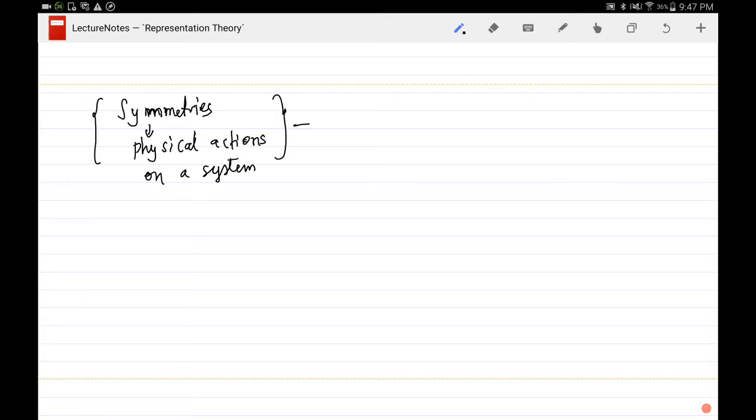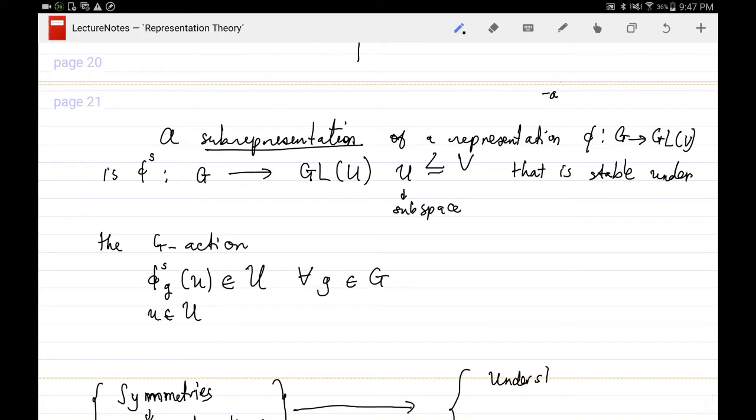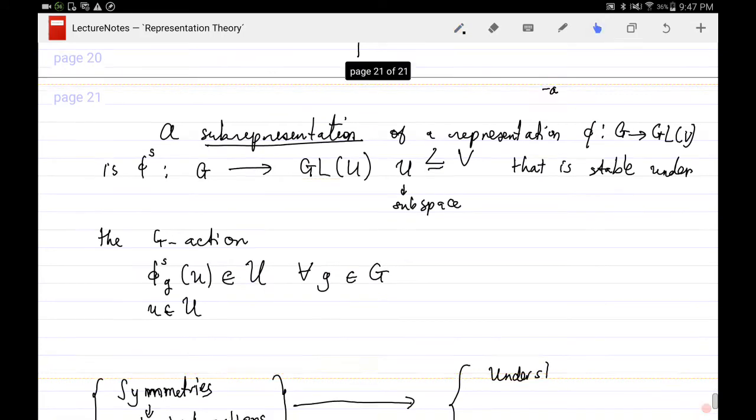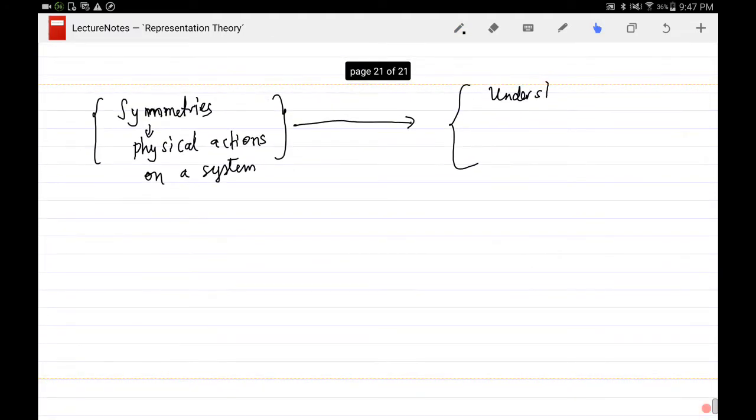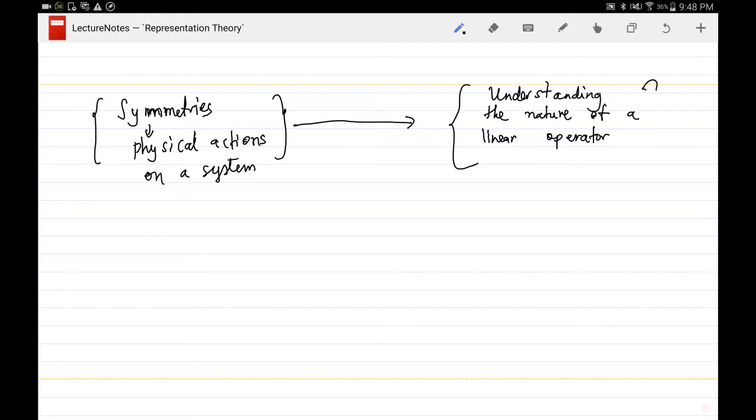This set of questions can be translated in some way to understanding the nature of a linear operator, which we could use to decompose our vector space.